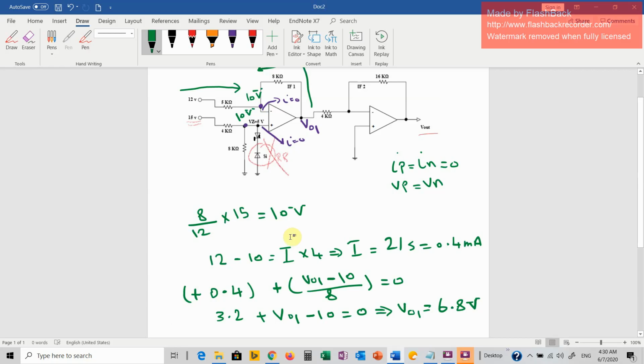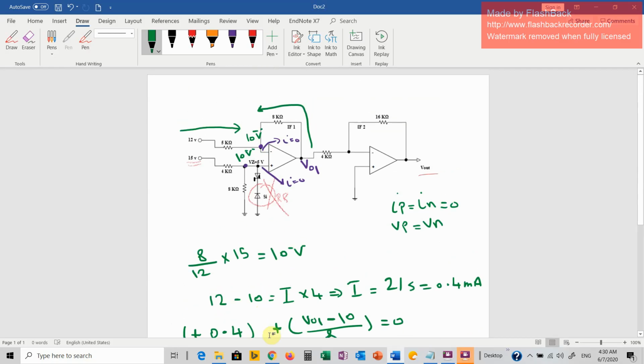That means now the voltage here, V out 1, is equal to 6.8 volts. So let me highlight this.